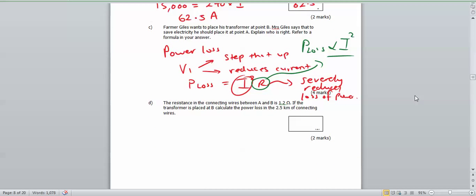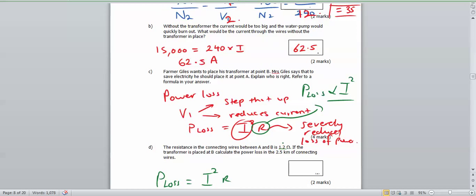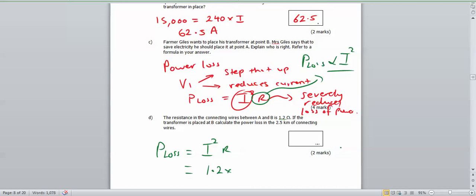Resistance in the connecting wires between A and B is 1.2 ohms. If the transformer is placed at B, calculate the power loss. So power loss is equal to I squared R, which is equal to 1.2 ohms times the current. Have we worked out what the current is? Yes, 62.5 amps. And that's squared too, by the way.